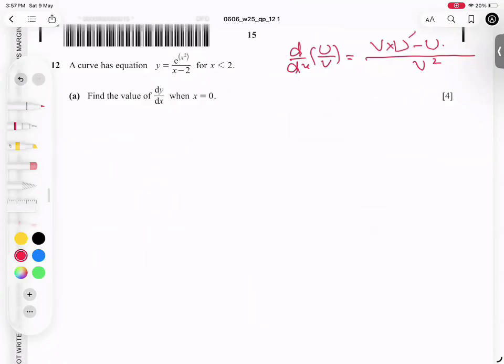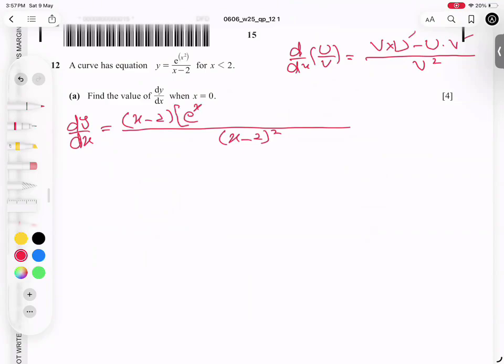Now you copy v dash. I'm going to apply the same quotient formula here: x minus 2 whole square, which I'm squaring, leave as it is, into the exponential differentiation. First, we copy, into the powers differentiation. I think this part is clear. Minus. Now, e to the power x square copy, and the differentiation of the denominator.